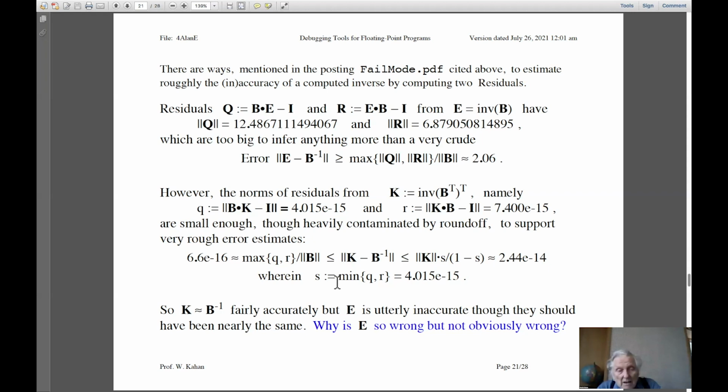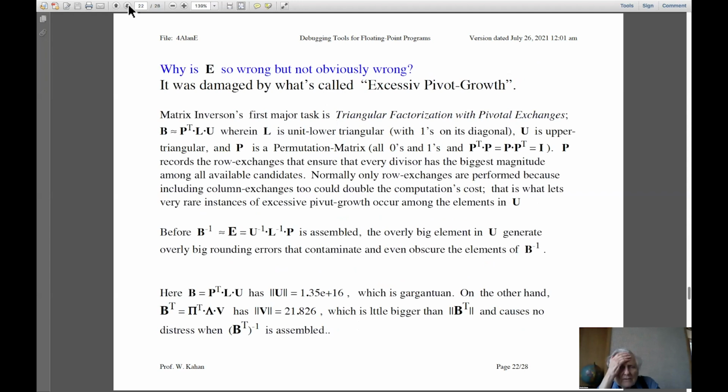This tells us that K is very accurate and E is not. Why is E so bad? Okay, I'll try to explain that now. The trouble with E is not so much that it's wrong as that it's not obviously wrong.